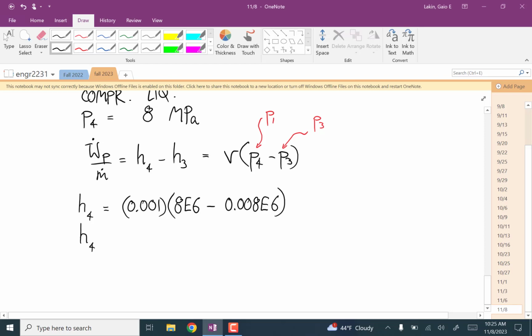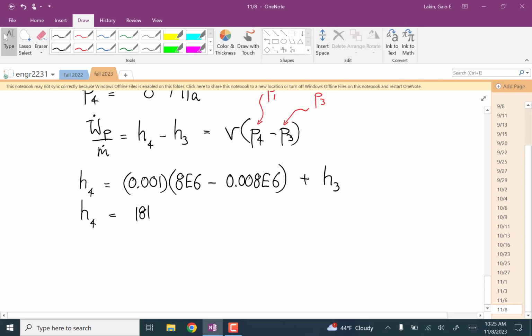And so H4 plus H3, I'm just rearranging this equation. So H4 is equal to 181,872. And that's in joules per kilogram.